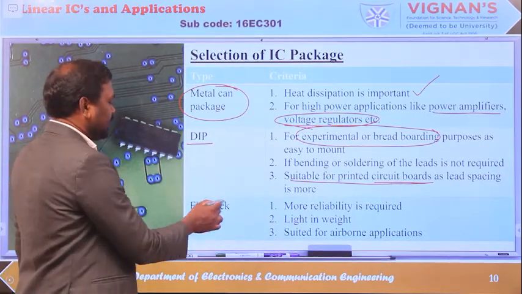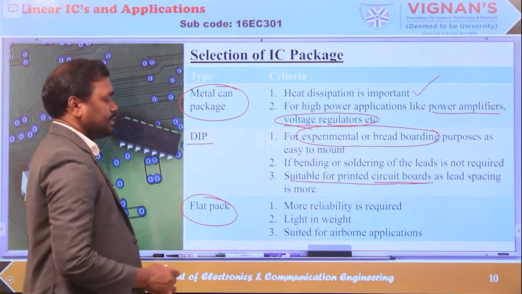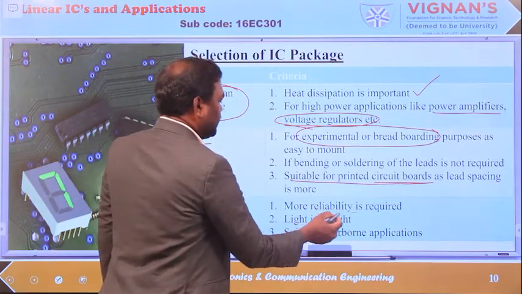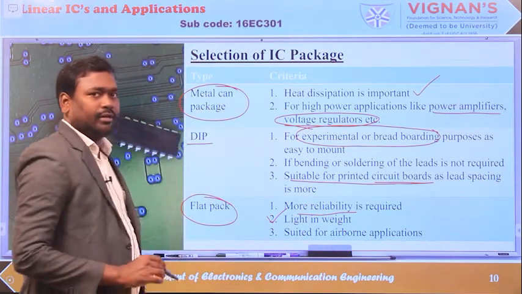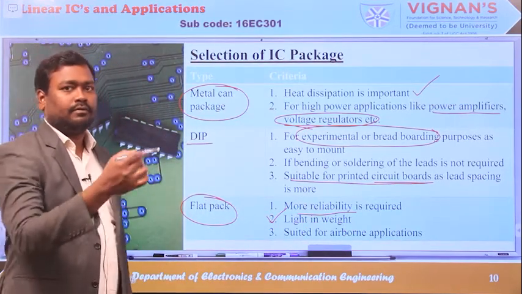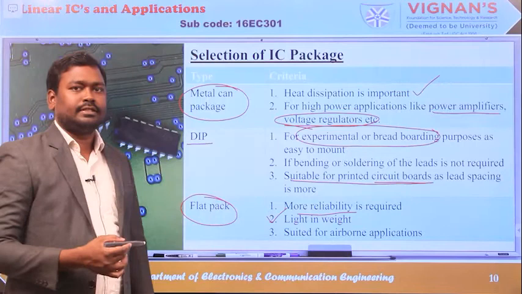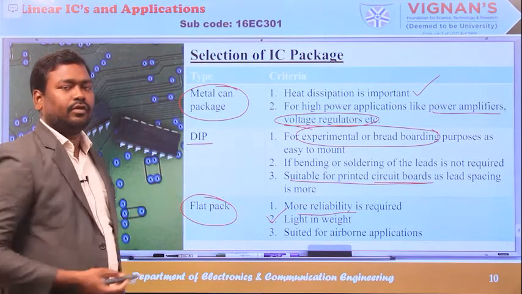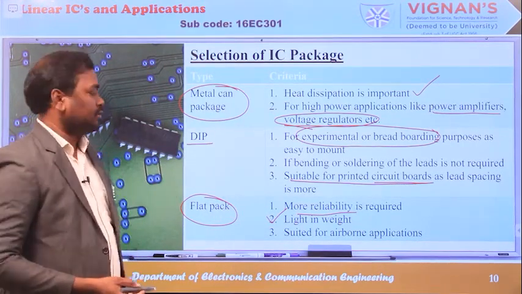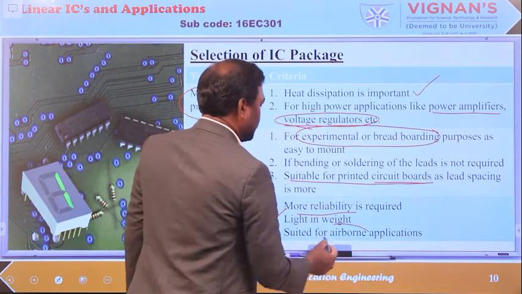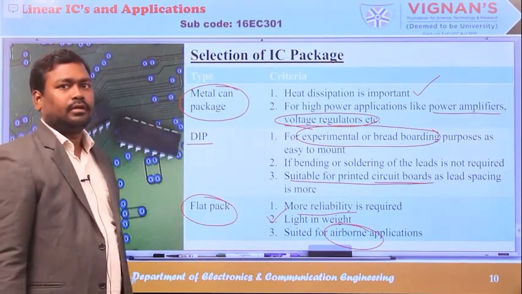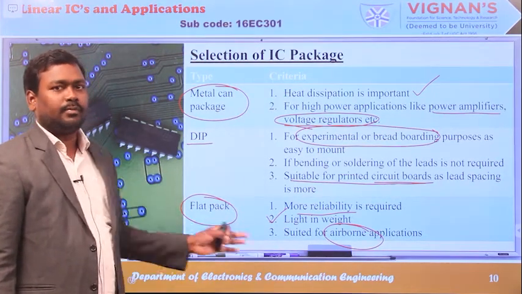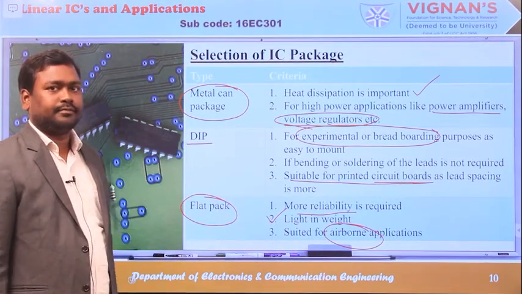Next, flat pack. Flat pack has more reliability and is lightweight. Wherever lightweight is needed, there we go for the flat pack. So those are airborne applications. In airborne applications, we prefer flat pack.